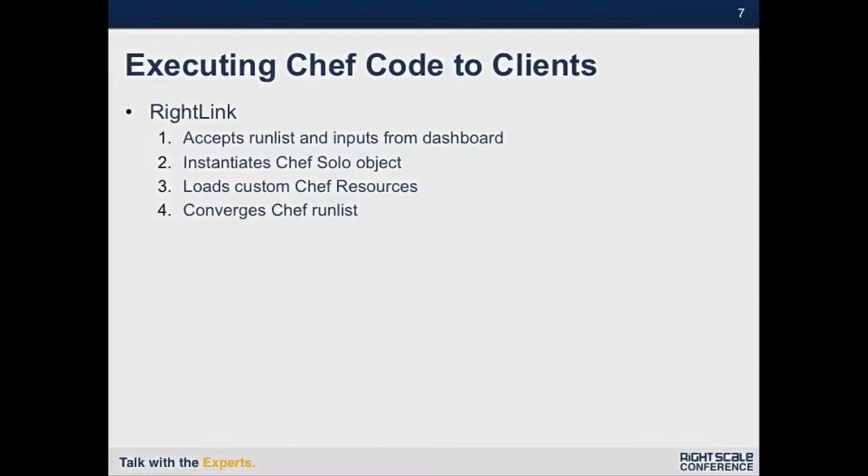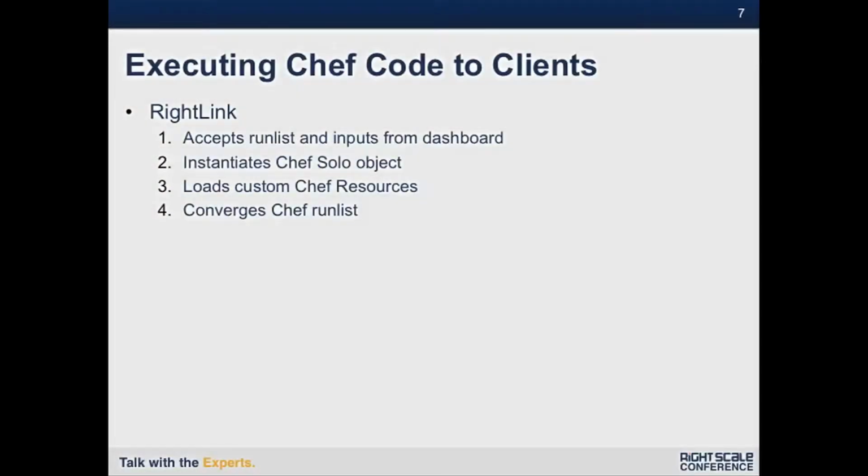And rather than making a command line call to Chef, which would be what you would normally do if you were running it locally on a box or through Knife, because we're running a Ruby agent, we actually create an object right from the Chef gem. We take the Chef solo object, we create an instance of it, and we pass some information into it. So you'll see in a couple slides here that we have the ability to pass in inputs.